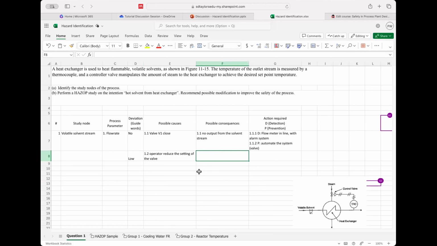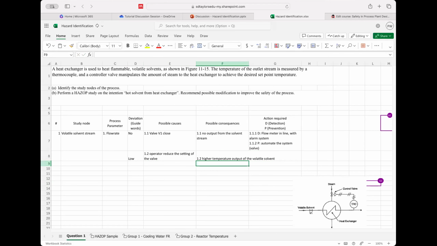So, possible consequences. This is going to be on the higher side of consequences because you have steam coming in and your flow rate is lower, meaning you will have a higher temperature output of the volatile solvent.